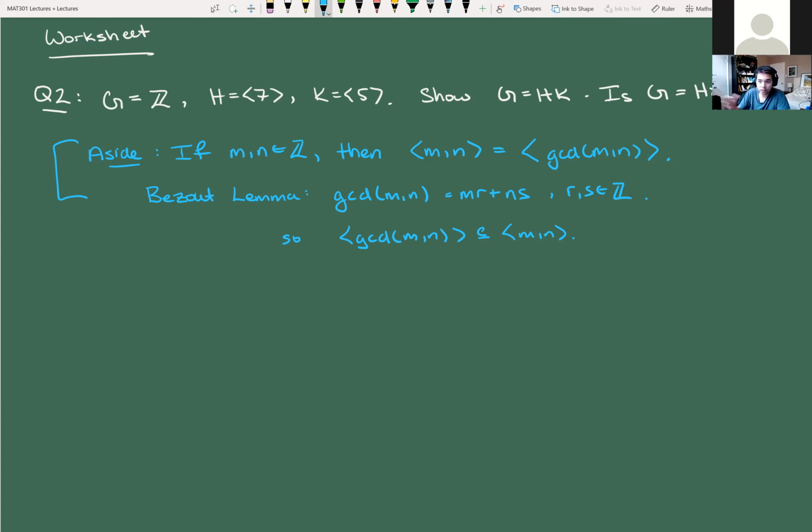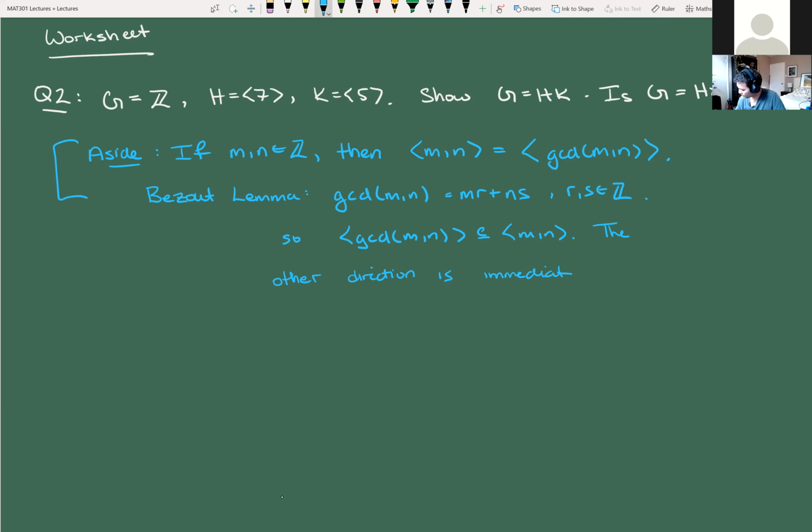And then the other direction is automatic. Because it's the greatest common divisor, M is a multiple of the GCD. So the opposite direction is immediately true.